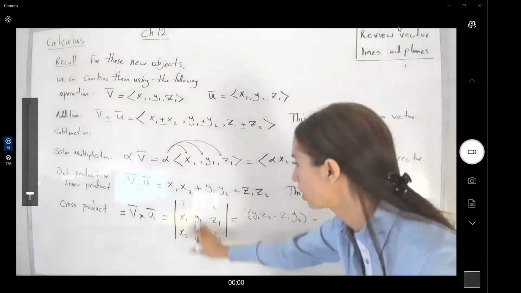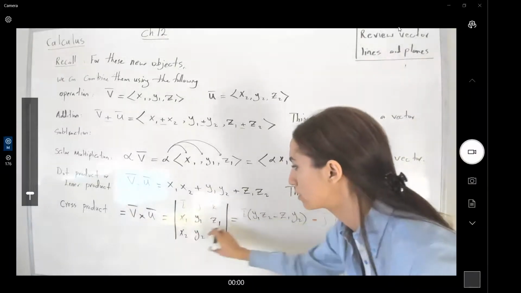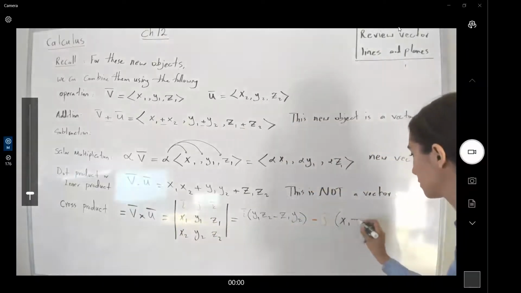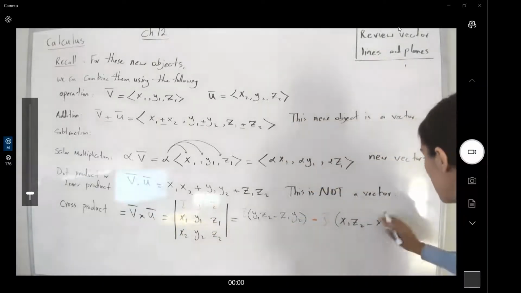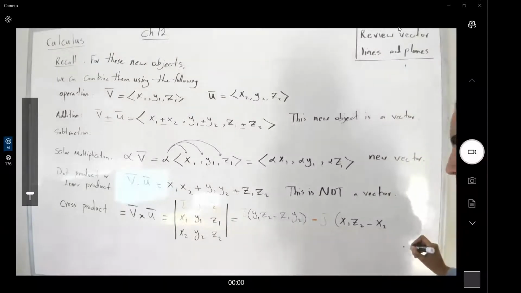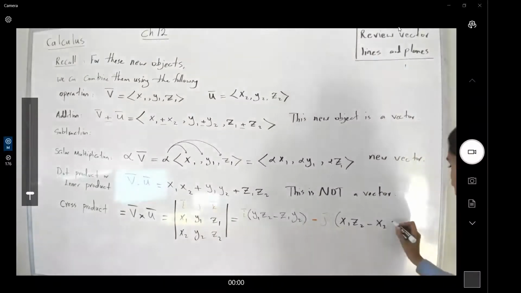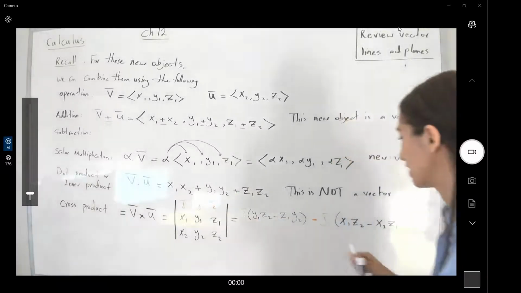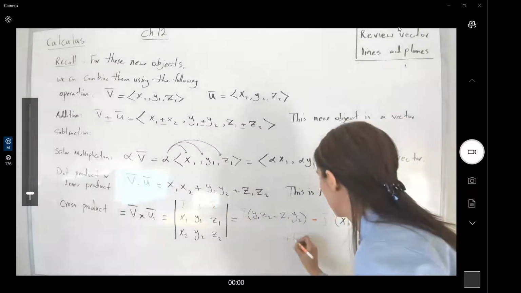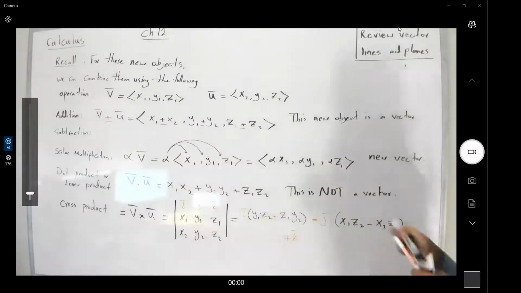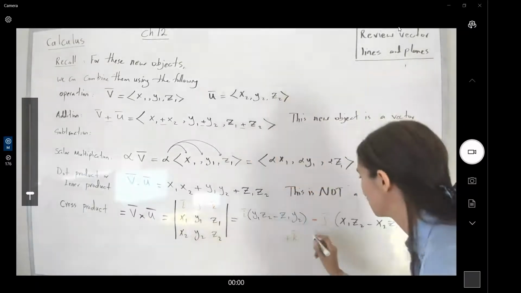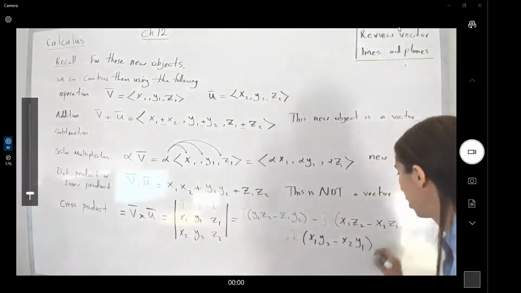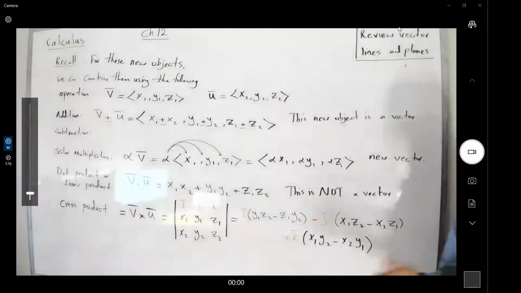Well, in the direction of y-axis, we deal with x1, x2, z1, z2. So it is x1 z2 minus x2 z1. And finally, in the direction of z-axis, plus k, x1 y2 minus x2 y1, following the definition of determinant.